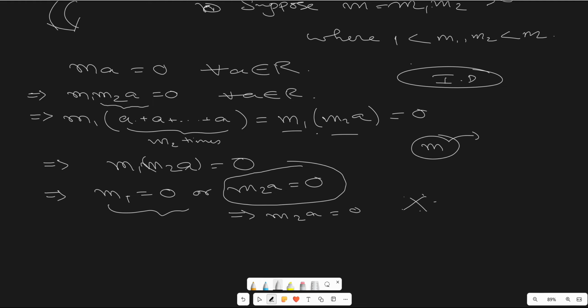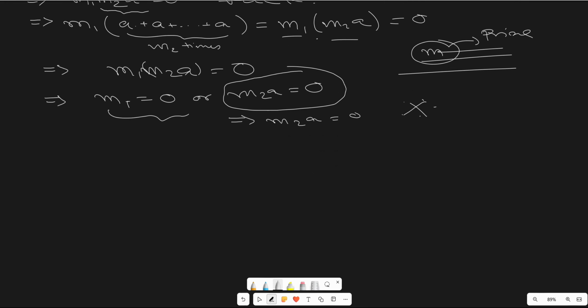But we are getting that m2 is strictly less than m, but still m2a is 0. This is the contradiction to the fact, right? So m has to be a prime number. I think you get the proof, because this is really not a hard proof. This is a very easy and formal proof, right?